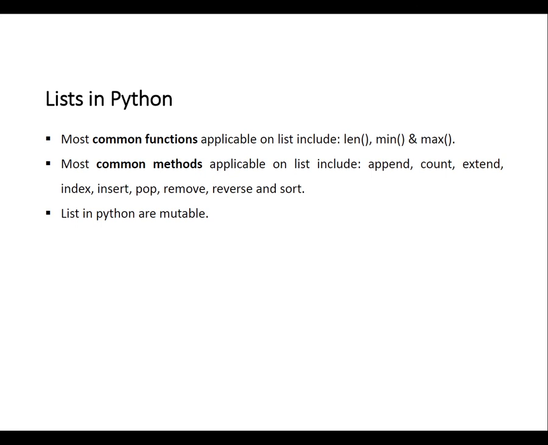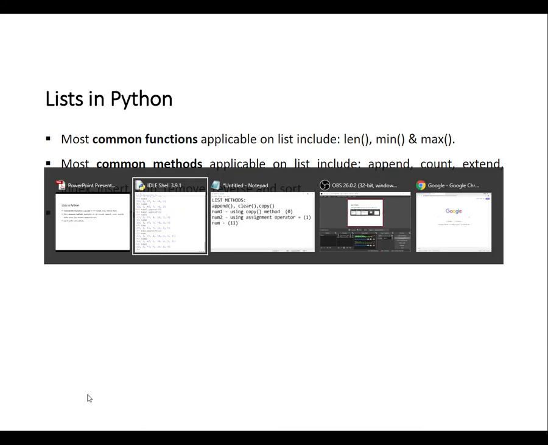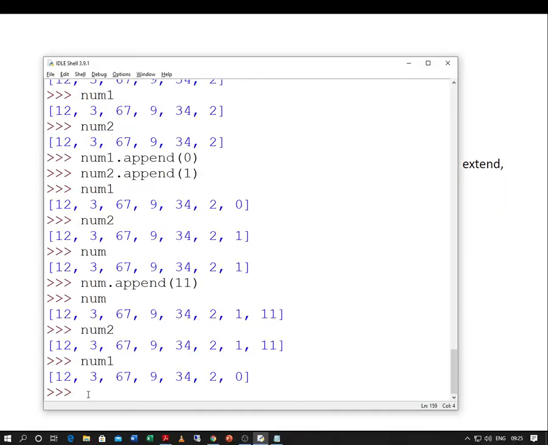As far as the list is concerned, the count method is there. What is the use of the count method? For the count method to work, let me do one thing. Num dot append 1.